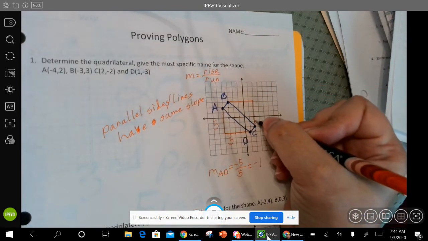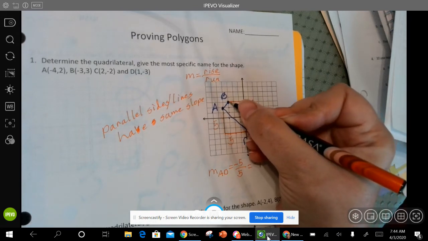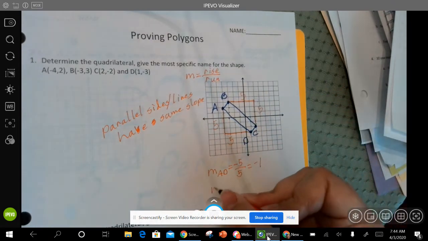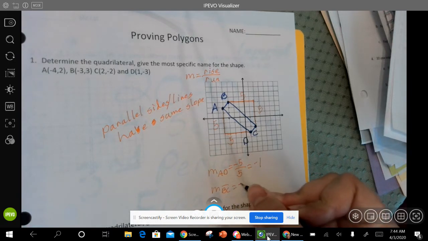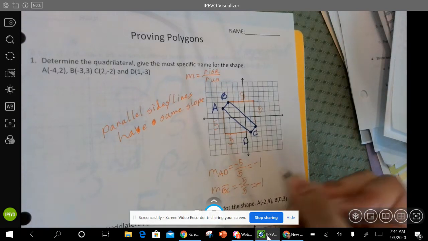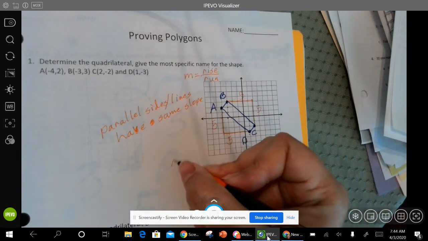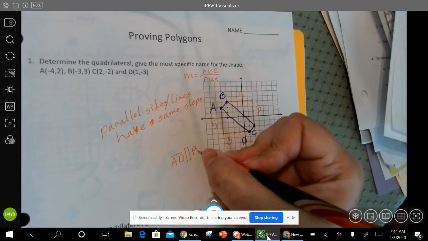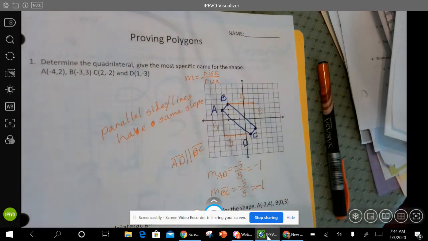So I'm going to go 1, 2, 3, 4, 5, 1, 2, 3, 4, 5. So rise over run. So the slope of BC, and it's going downhill. We're going down, we're going down. Okay, so they have the same slope. Okay, so that means that the side AD is parallel to the side BC. So those are definitely going to be sides that are parallel.